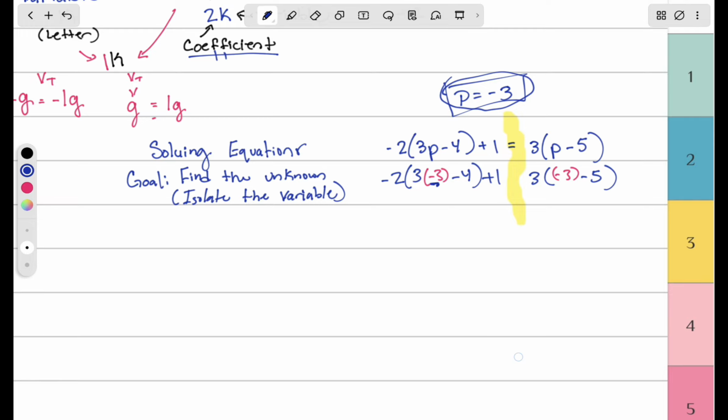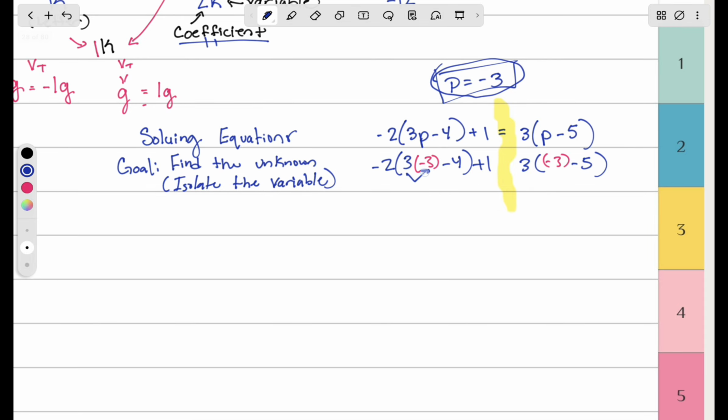All right? So we do what's in parentheses first: 3 times -3 is -9, minus 4. That's in parentheses. Then the -2 is still waiting. -9 minus 4 is negative what? 13. Times -2 is positive 26. Now this side will be 26 too.